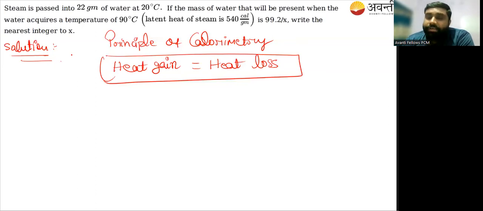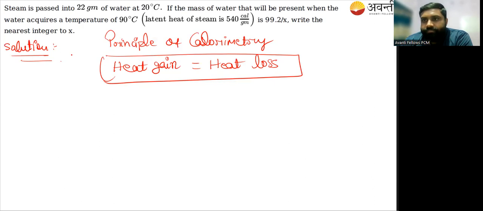So when steam at 100 degrees Celsius passes through a liquid, which is water at 20 degrees Celsius, definitely it is going to lose heat because of the temperature difference.